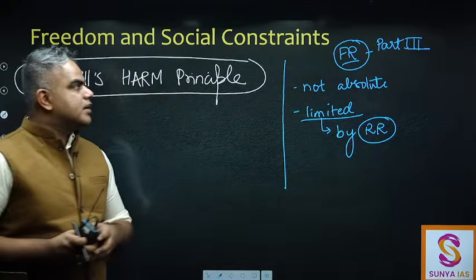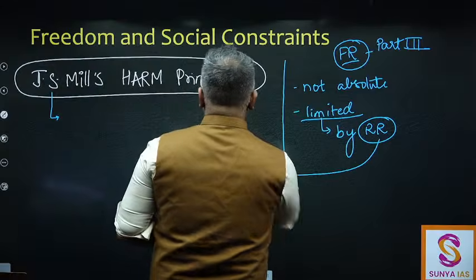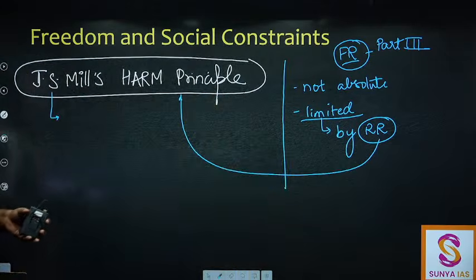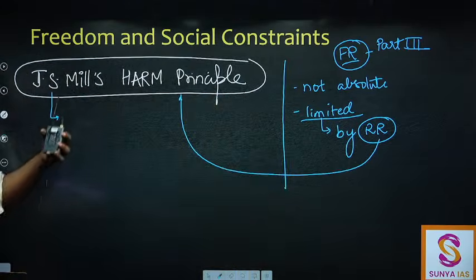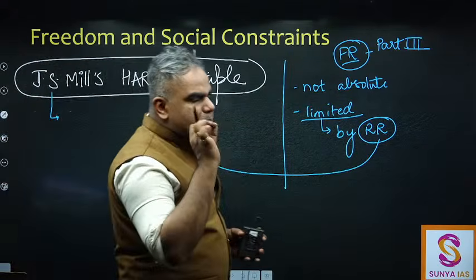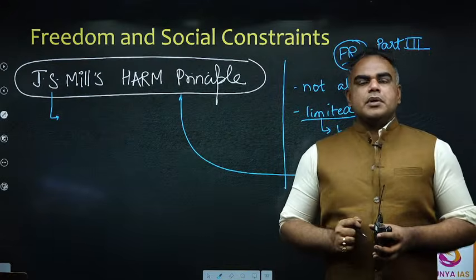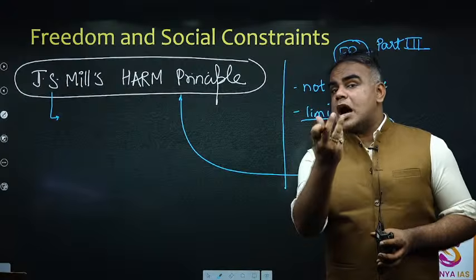Very important to understand. And these reasonable restrictions are similar to the concept we have seen, J.S. Mill's harm principle, right? So the idea here is absolute freedom cannot exist in society. As simple as that. Because absolute freedom will lead to harm in the society.